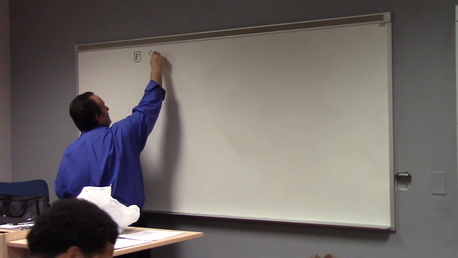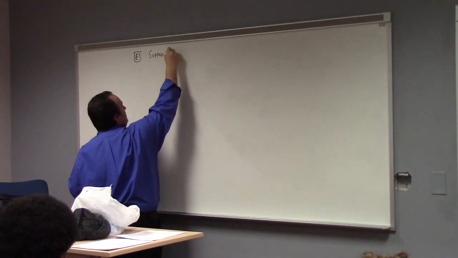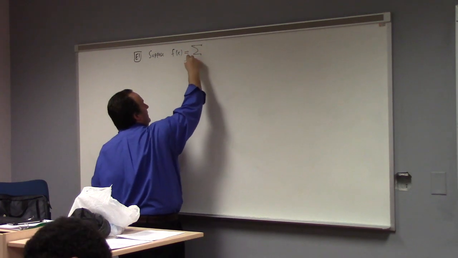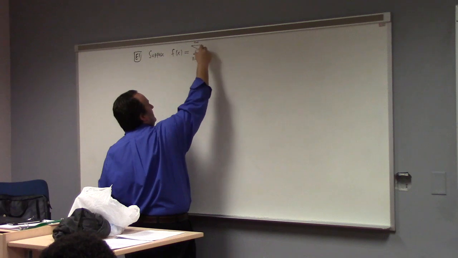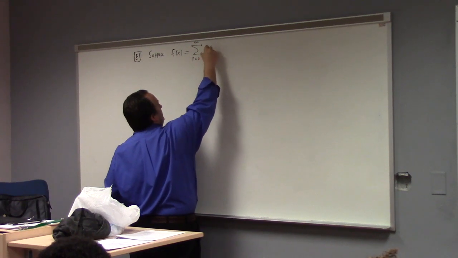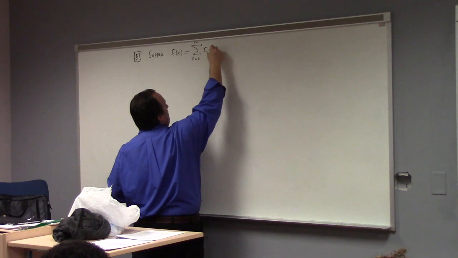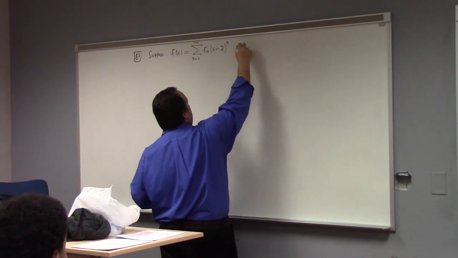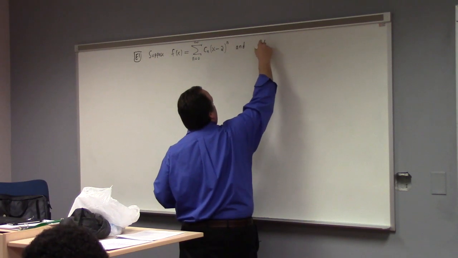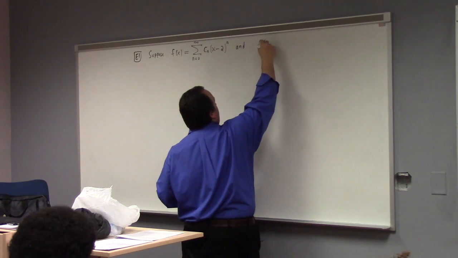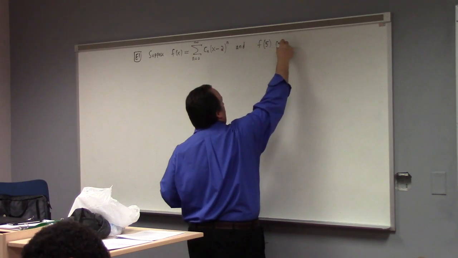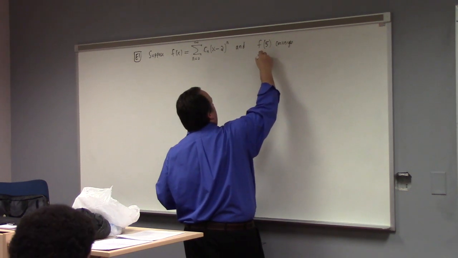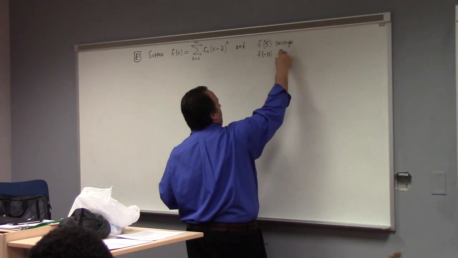Suppose you have f of x is equal to the summation n equals 0 to infinity of, let's say, Cn times (x minus 2) to the n power, and f of, let's say, 5 converges, but f of, oh, I don't know, minus 10 diverges.